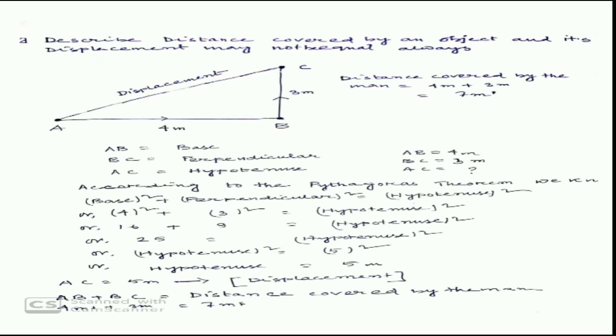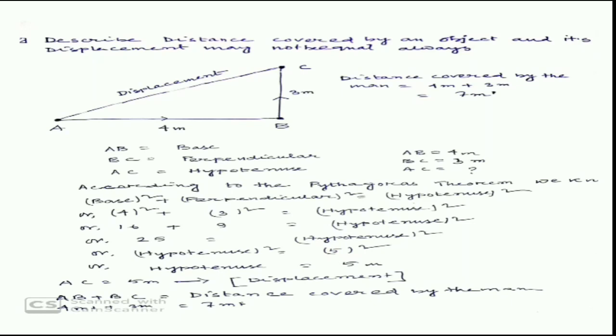So here actual length of path covered by the man is AB plus BC is equal to 4 meter plus 3 meter is equal to 7 meter. And 7 meter is the distance covered by the man.